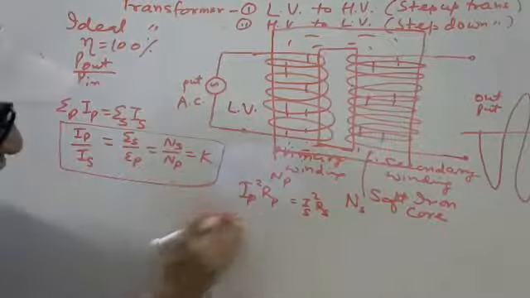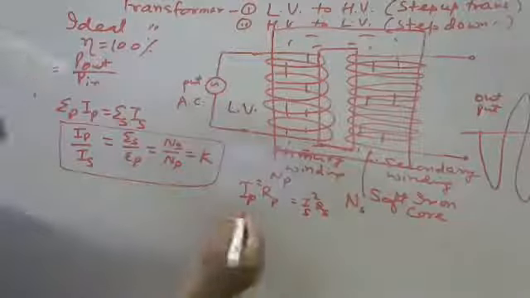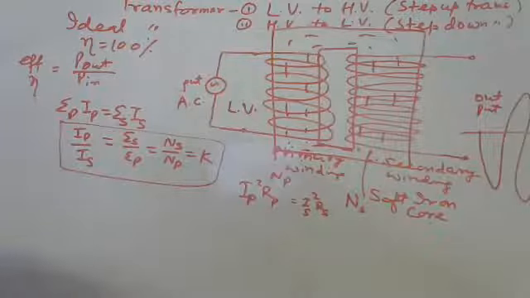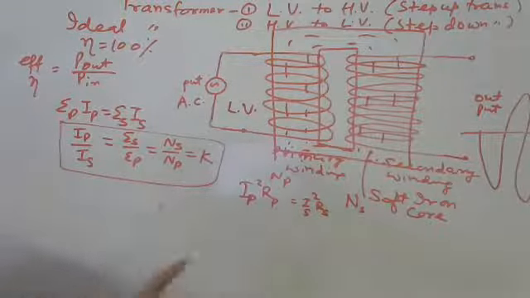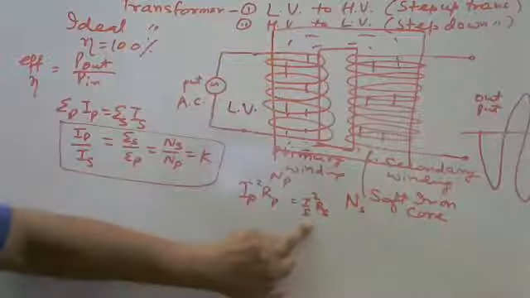So if current is more, there is I square R heat loss in the primary and secondary. In primary, heat loss is very large. In secondary, there is no problem.